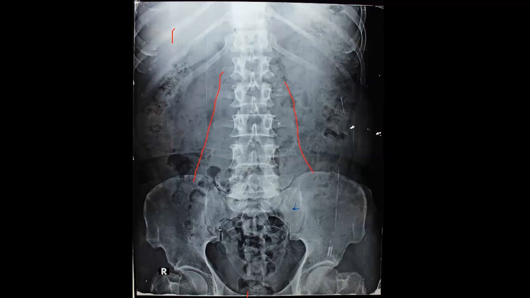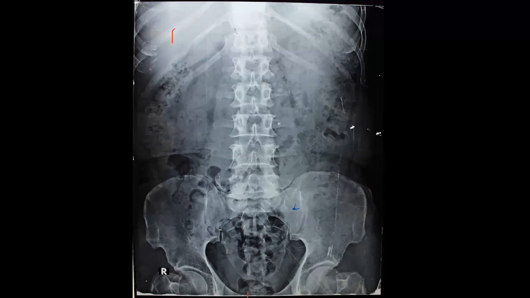Yes, but the thing is that you haven't shown the cupolas of the diaphragm. You have not shown the upper limit of the abdomen. To view the abdomen properly, you have to show the cupolas, otherwise you may miss air under the cupola. To get a proper plain abdominal film, you have to see more of the lower chest.